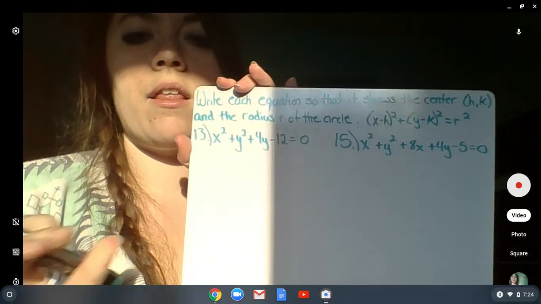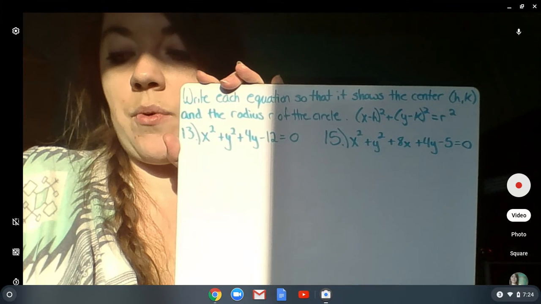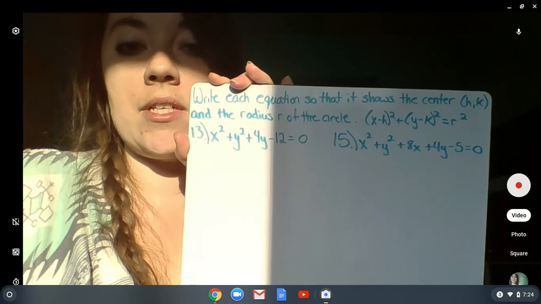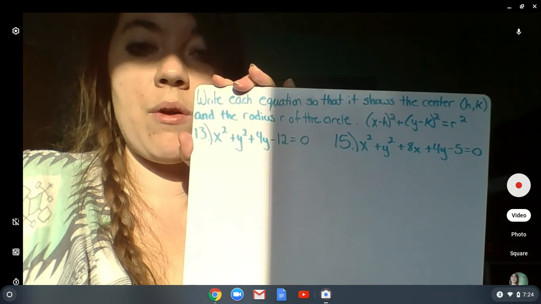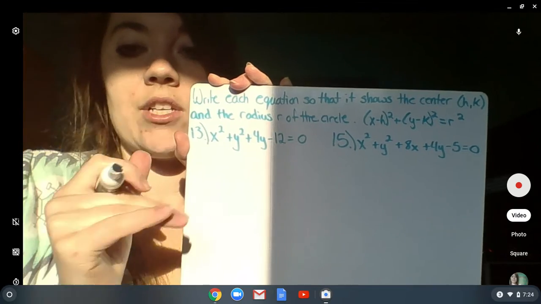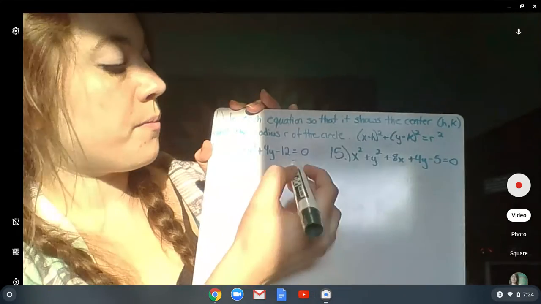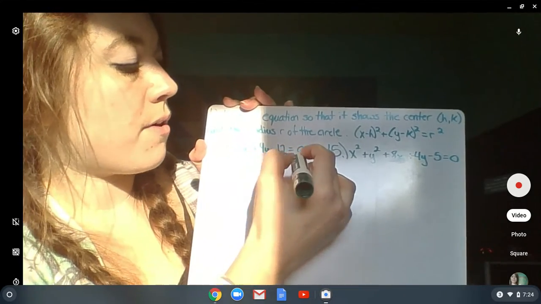So we've got x squared plus y squared plus 4y minus 12 equals 0. First thing we have to do is rearrange it. In this one, we don't have to do too much rearranging. First thing we're going to do is add this 12 over to this side.